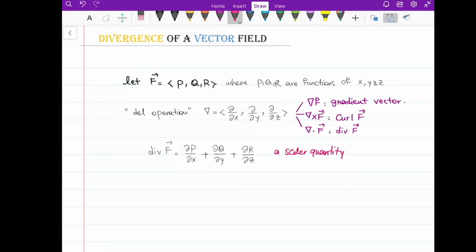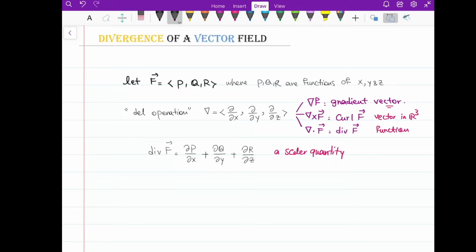So gradient is a vector, curl is a vector if it is in space R3, and divergence is not a vector, it is a function. It's actually a scalar. It's a function.